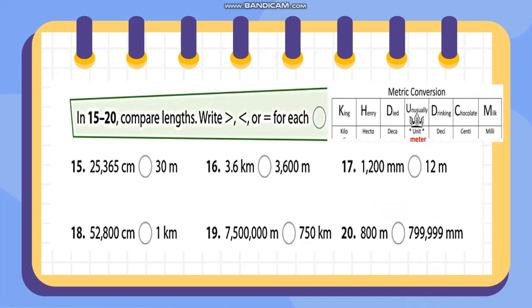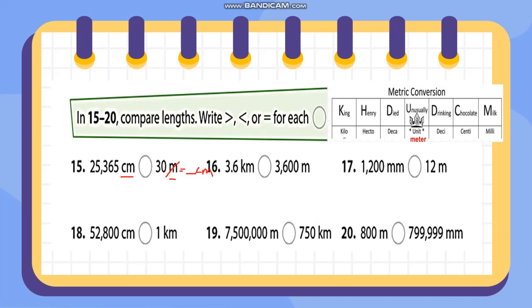Next, let's compare. As you can see here, centimeter, then you have meter. So as I told you before, you need to decide if you make it both meter or if you make it both centimeter. It's up to you. Okay, so here I need to decide to change meter to centimeter.